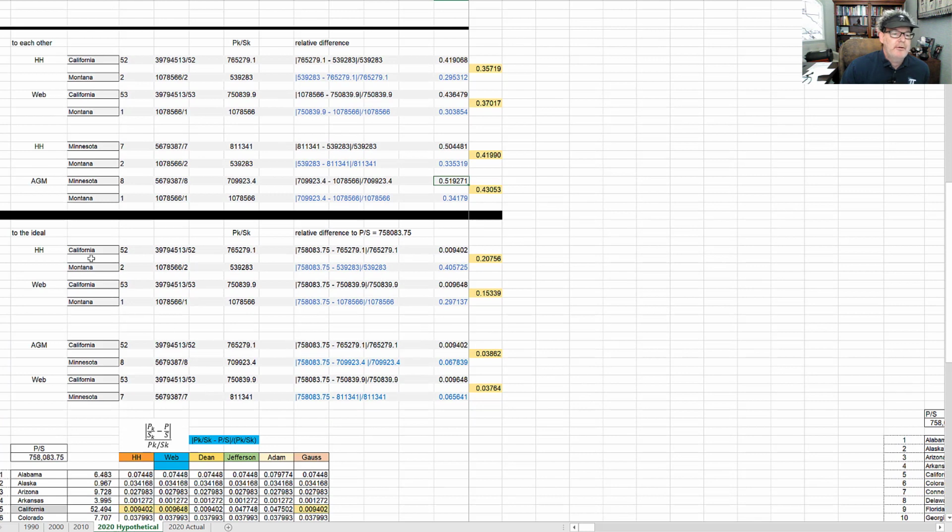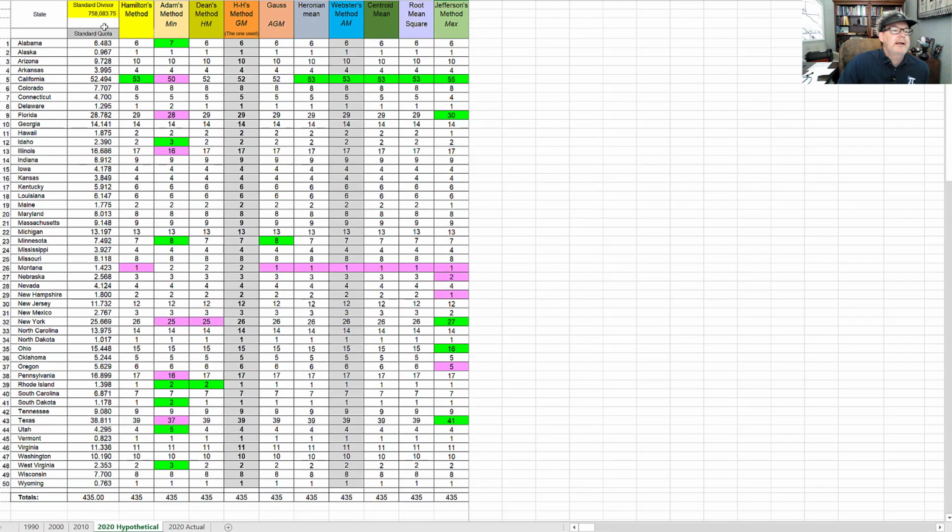But if I compare to the ideal, so you take each state's population, and here, just a quick look, for this hypothetical, this people per seat for the country would have been 758,000.